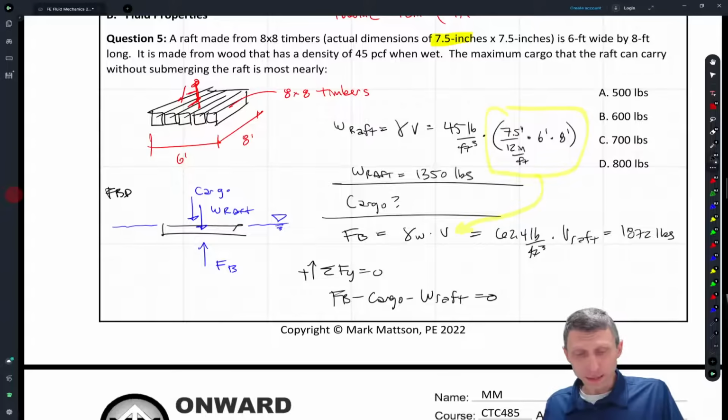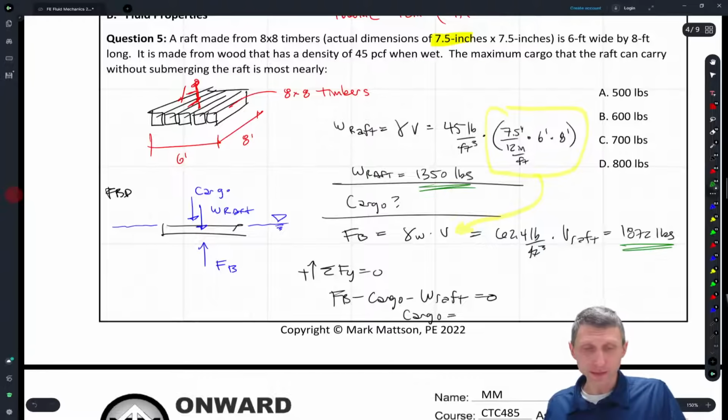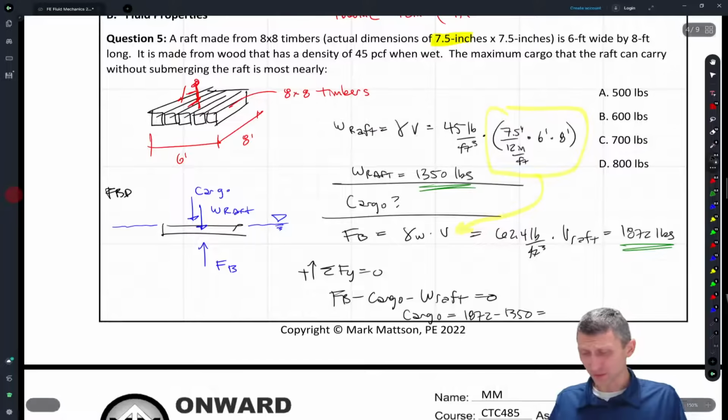We can solve for the cargo, which is the buoyant force minus the weight of the raft: 1,872 minus 1,350, which is about 522 pounds.